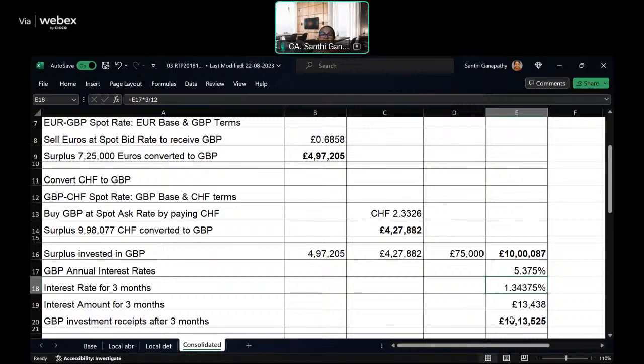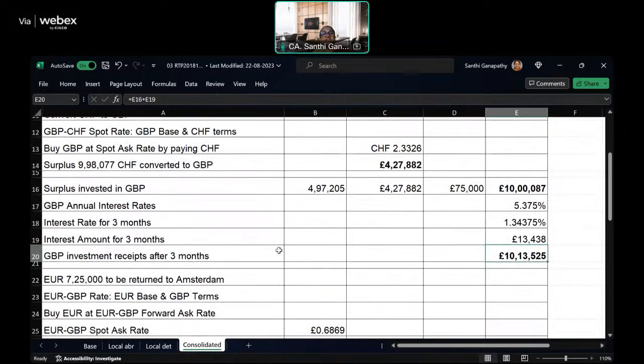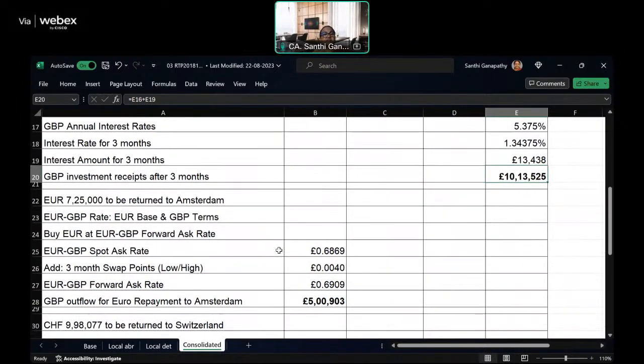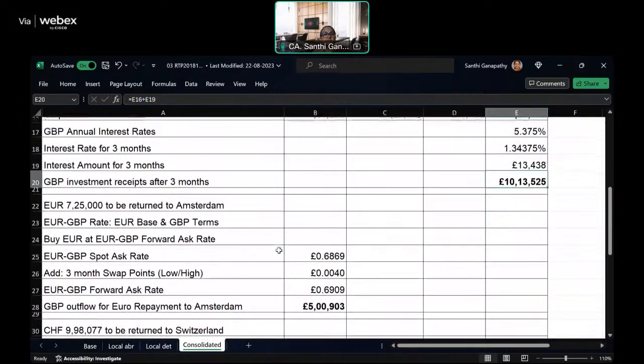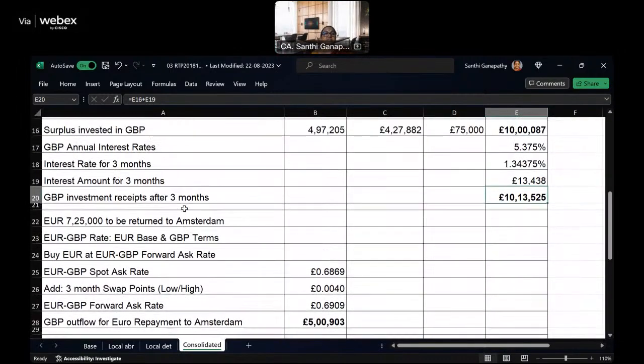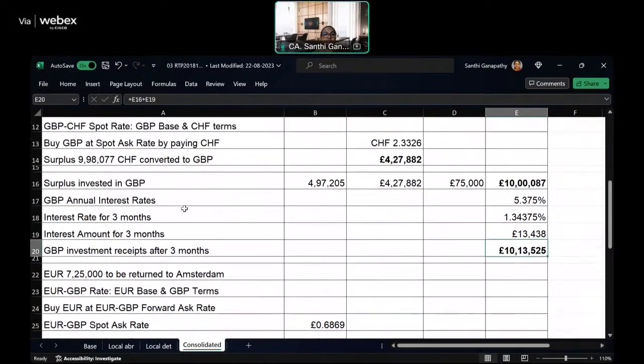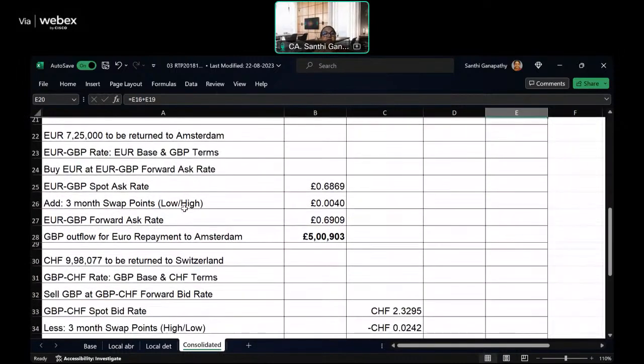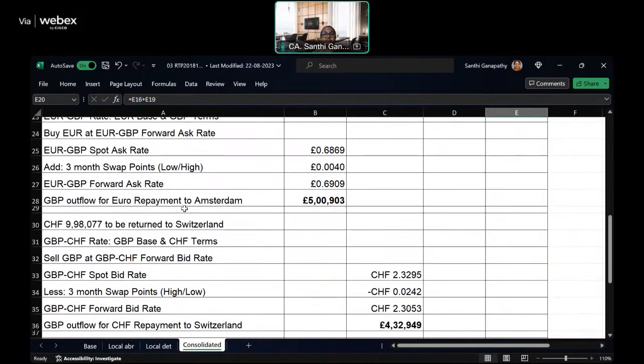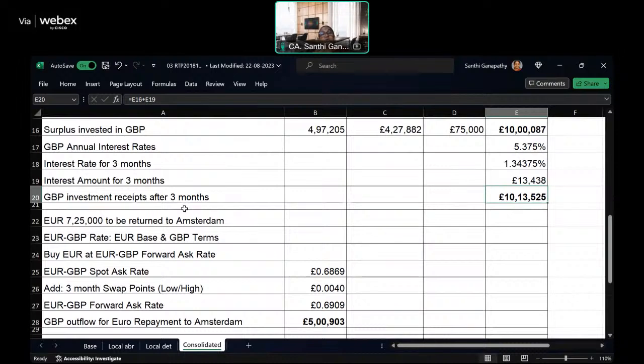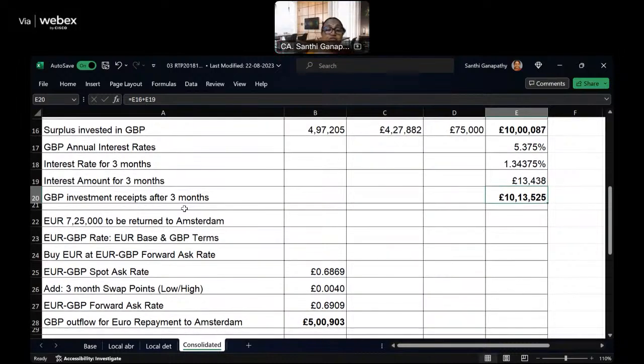This is the investment receipt, but the surplus money is available only for 90 days. Therefore, in 3 months' time, you need to return the principal amount. That is, the 7,25,000 has to be returned to Amsterdam. Then 998,077 has to be returned to Switzerland. So the GBP outflow for this repayment has to be deducted, and the balance will be the amount available.